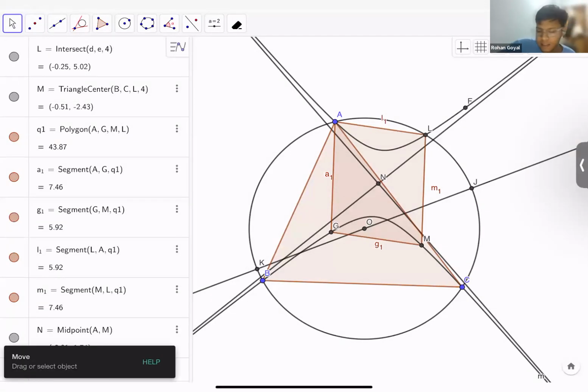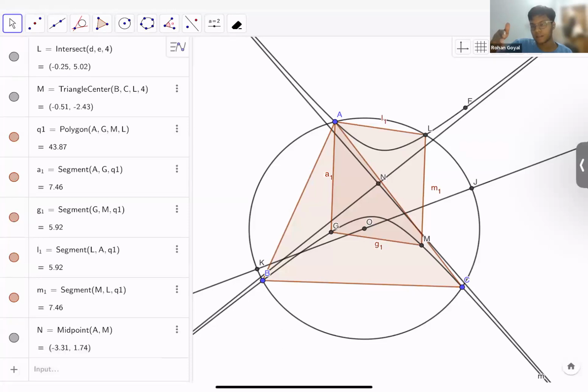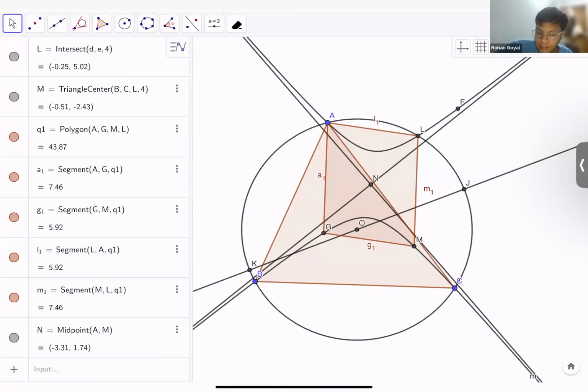So what you can prove is, I'll leave this for you to prove, that if you have a parallelogram on a conic, the center of the conic is the center of the parallelogram, or the midpoint of either diagonal of the parallelogram. Is that result okay to digest for everyone? Okay, can you all believe me for that? Okay, great.